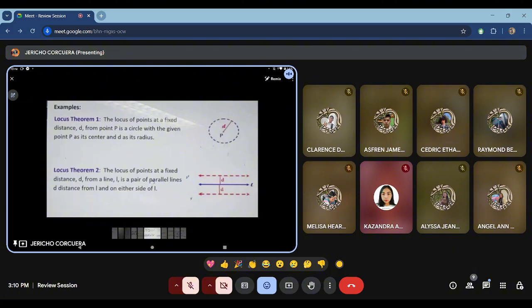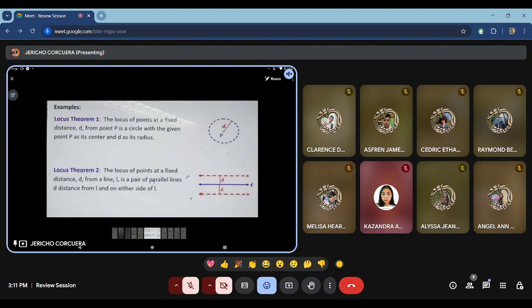As you can see here, there's a point P, and there's a locus of points going around, at the fixed distance d from point P. It is a circle with the given point P as its center and d as its radius.